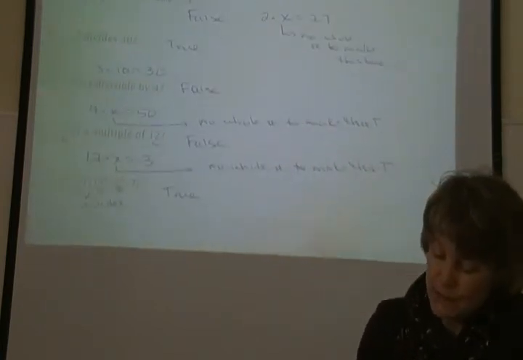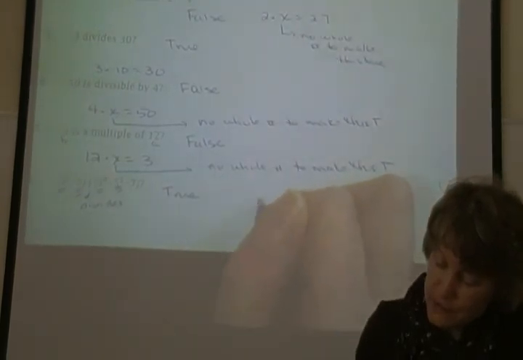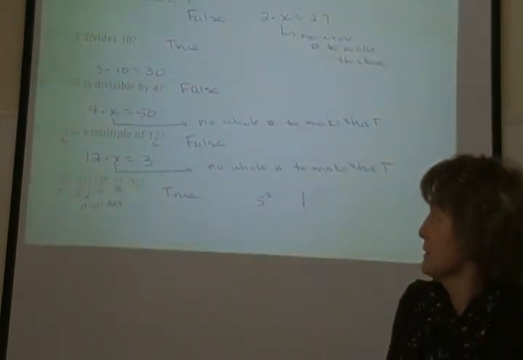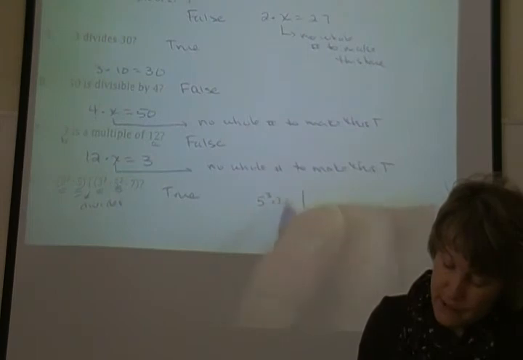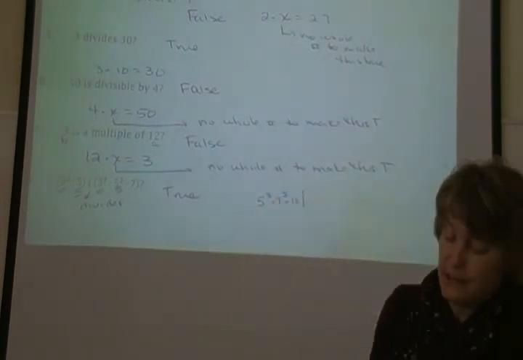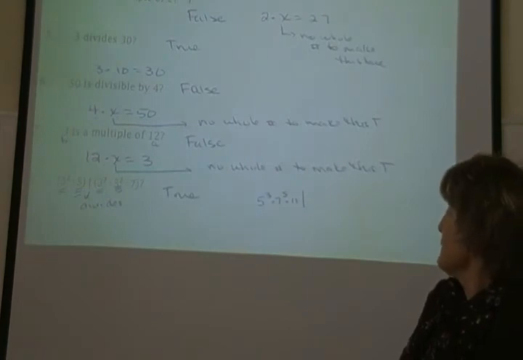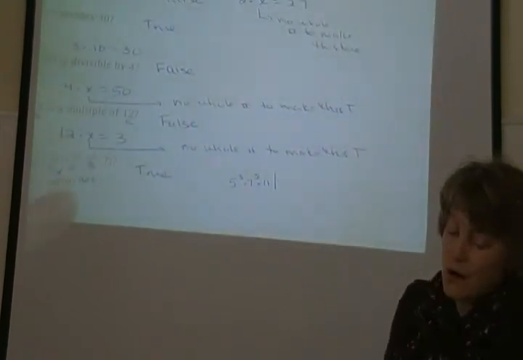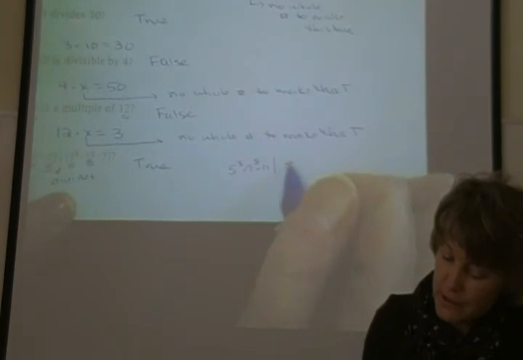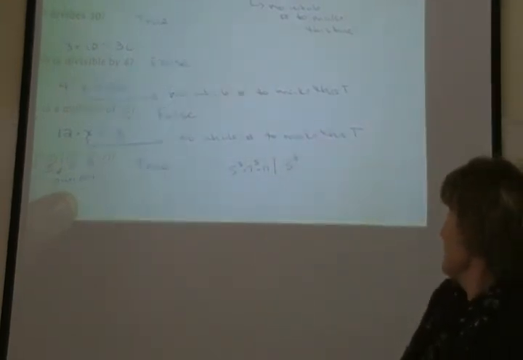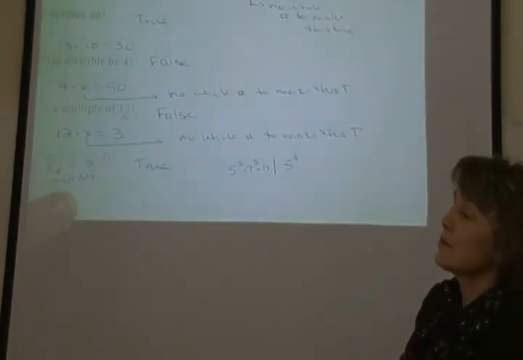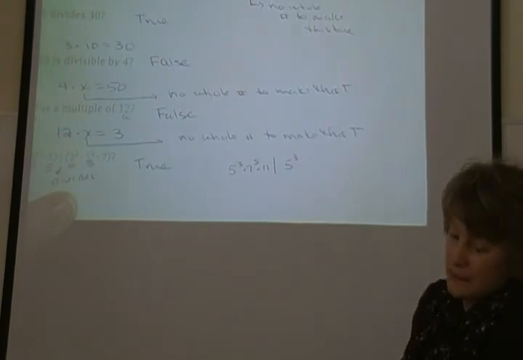So in other words, if I try to divide and I put 5 cubed here, and I put 7 to the 5th here, and I put an 11 there, I can make this a true statement as long as I have at least 5 cubed there. I can have more than that, but I have to have at least that.